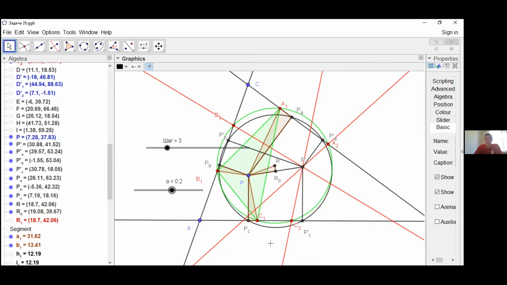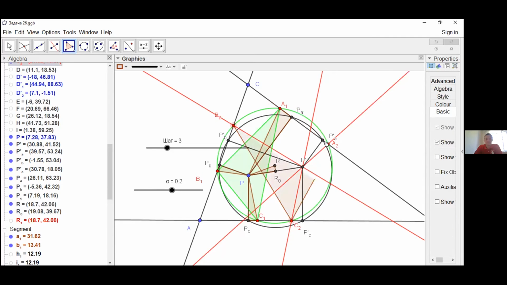And we obtain now three more points like A2, B2, and C2. In other words, we get two triangles A1 B1 C1 and A2 B2 C2 inscribed in the same circle.